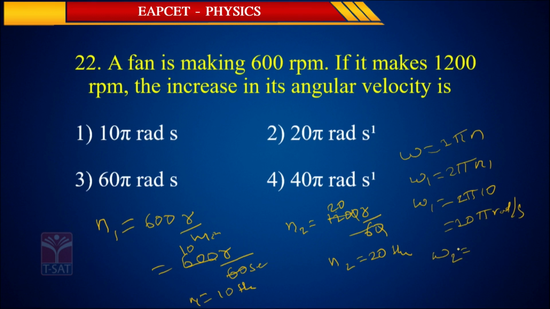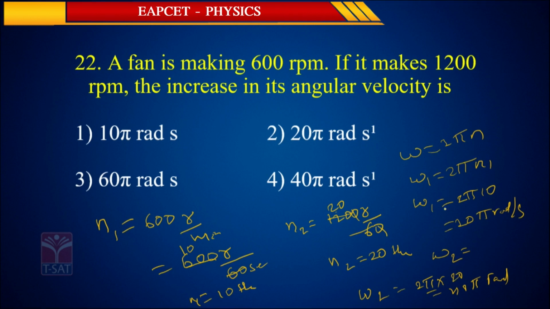Omega 2 is equal to how much? 20 Hz is there. Omega 2 is 2 pi into 20, that is 40 pi radian per second. The question asks, what is the change in angular velocity?